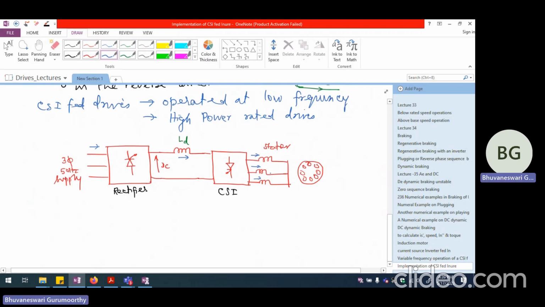Now, if it has to work as a regenerative braking device, what we are going to do is make omega S less than omega R for regenerative braking. Under that condition, this CSI will start working as a rectifier during braking.